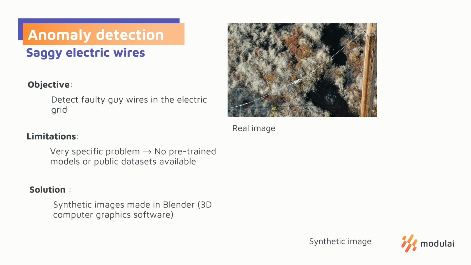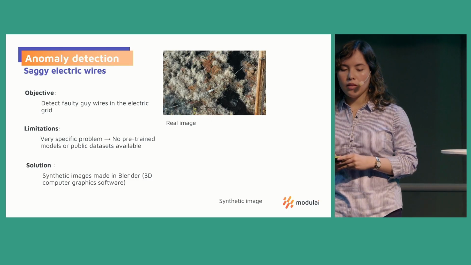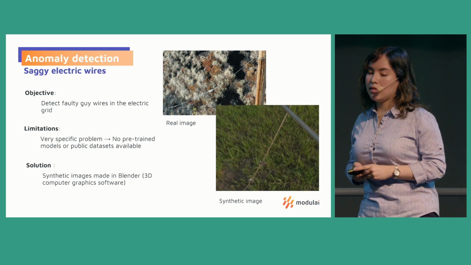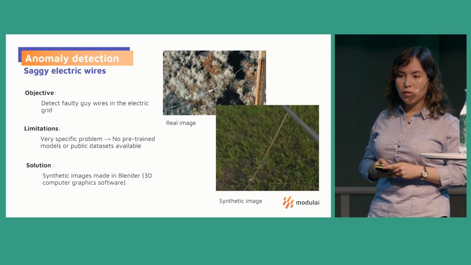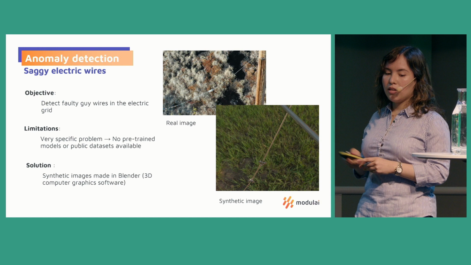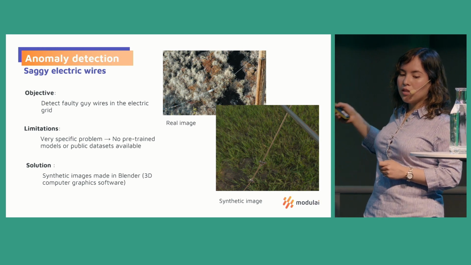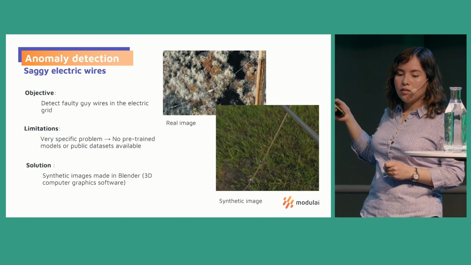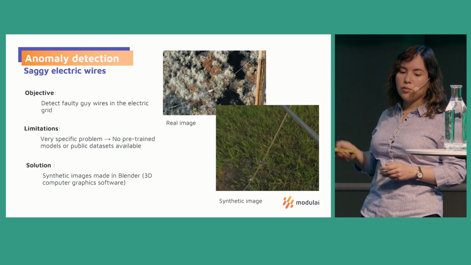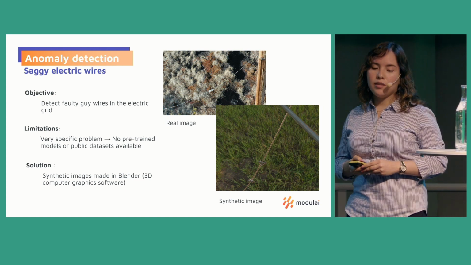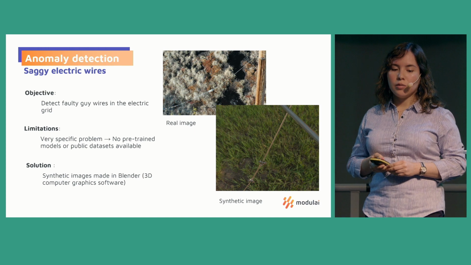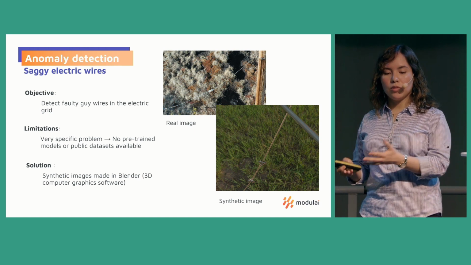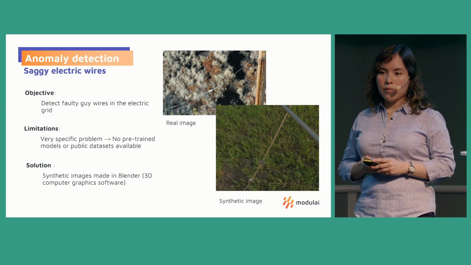So our solution was to create synthetic images using a simulation in Blender. This is how an image looked. As you can see, we also simulated the insulator in the middle, and we added some cables that we didn't want to identify, but that you usually see when you look for the guide wire.